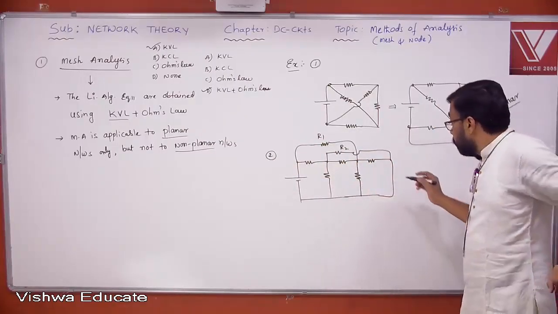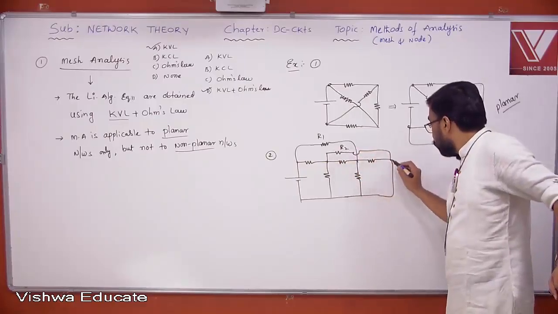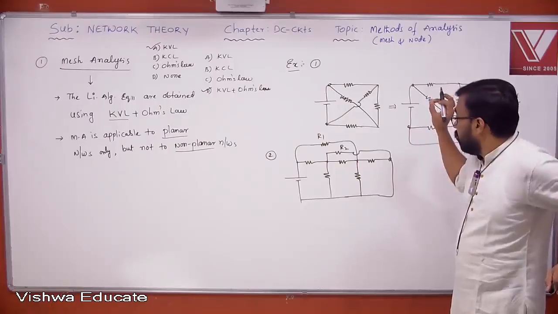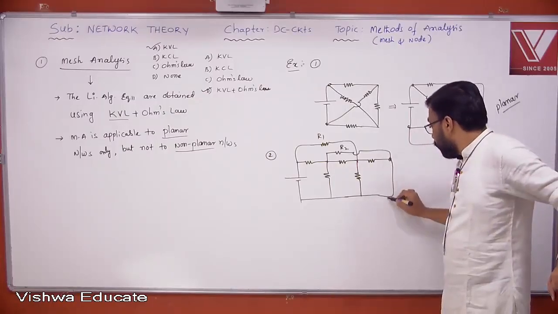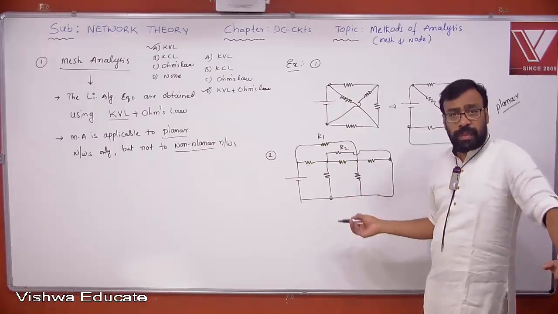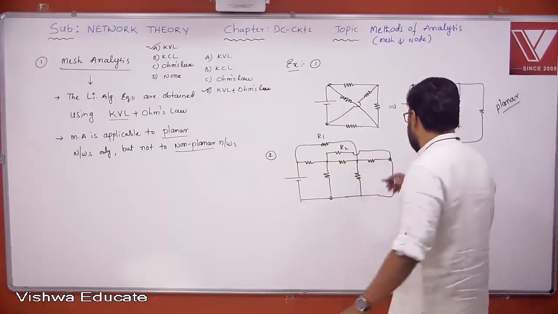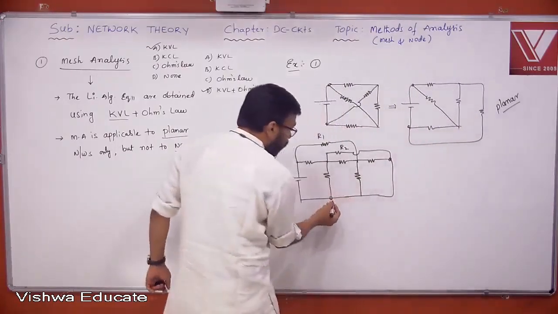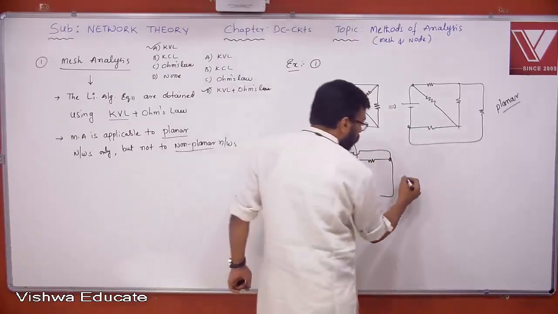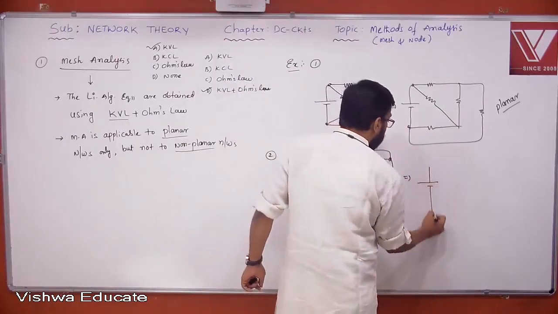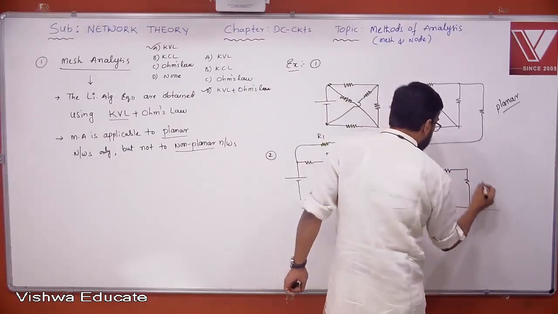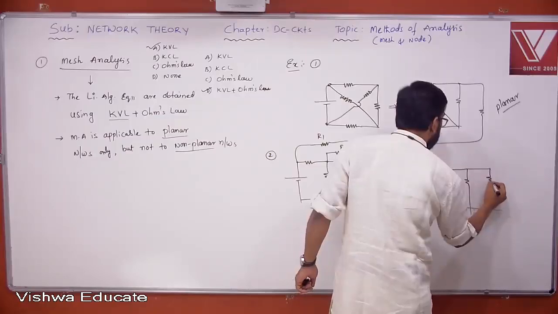But you see this particular one, this R2 can be removed, since this point and this point are both at the same potential, yes or no? Therefore, can I eliminate this and draw across this? Suppose it is R3, can I connect across R3 here? Look at this. So this is a very, very important observation. Okay, my dear students, this is a very, very important observation.